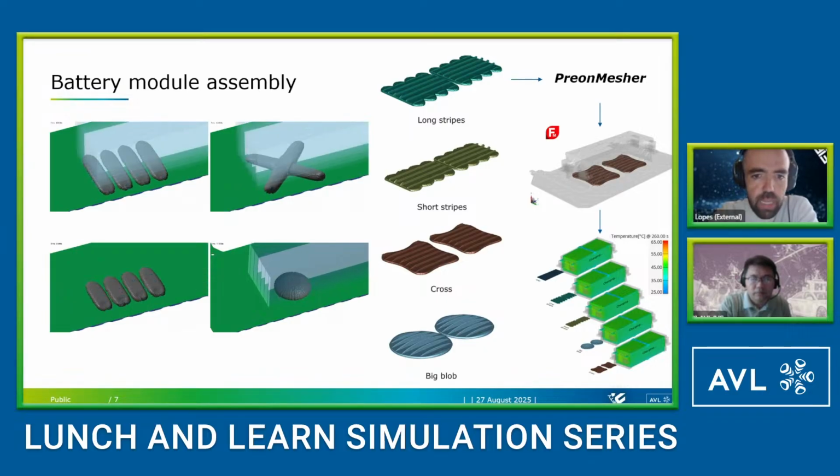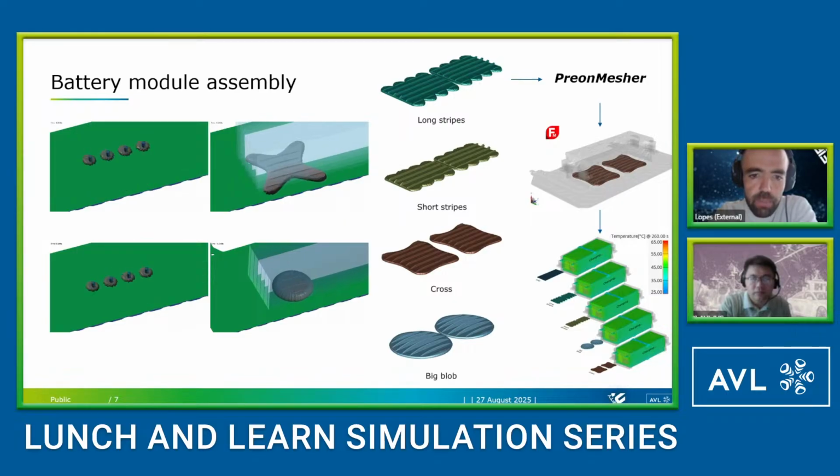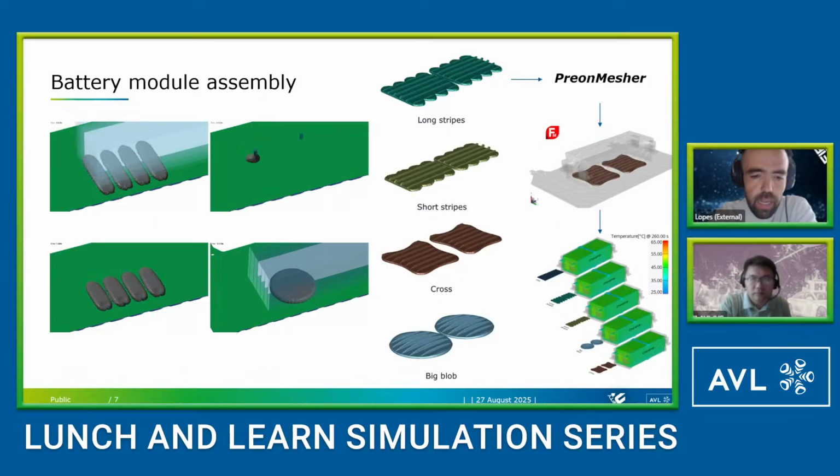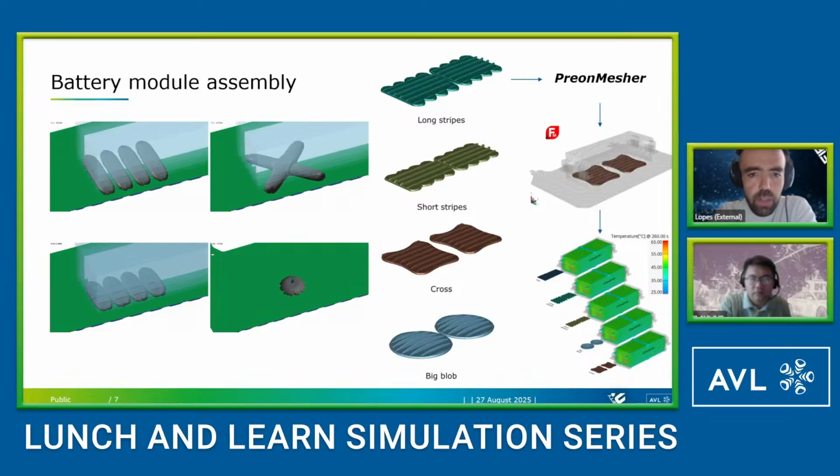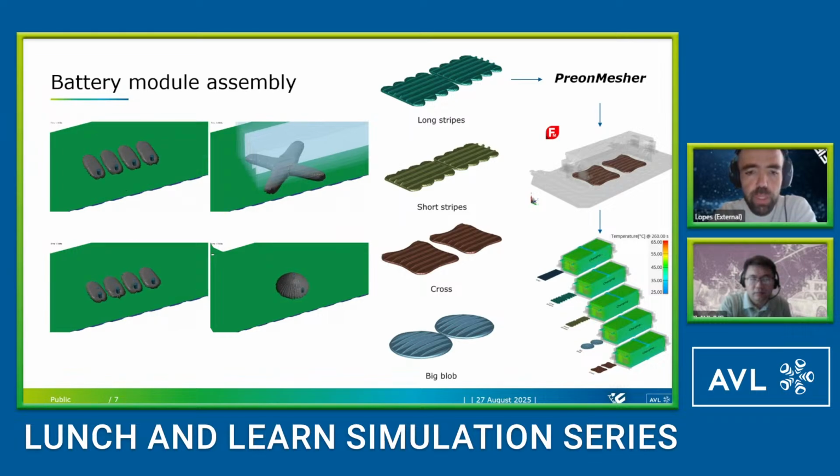So in this case, we had 4 different initial geometries. We call them long stripes, short stripes, the cross, and also a big blob. And with this simulation, we got the final fluid geometry.